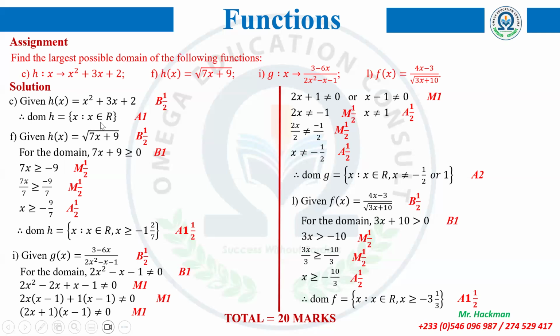But here there is no restriction, so we didn't bring our comma and restriction. After writing this, you end it. Meaning all real values of x will satisfy the relation or the function that we have here, or will have an image, and will make the function defined.